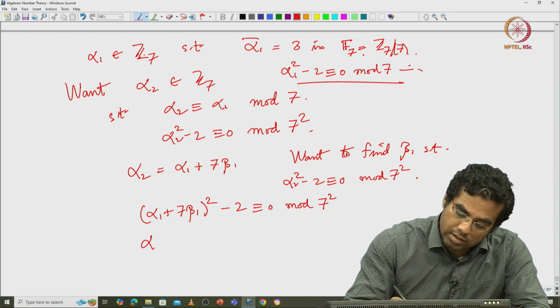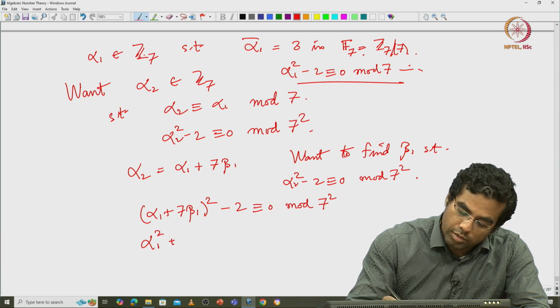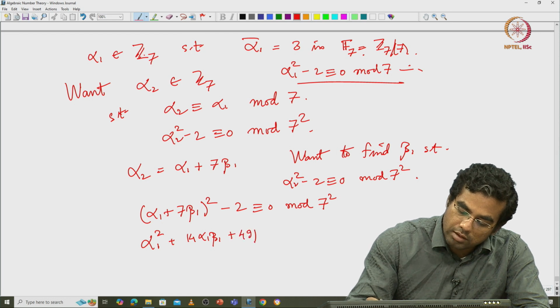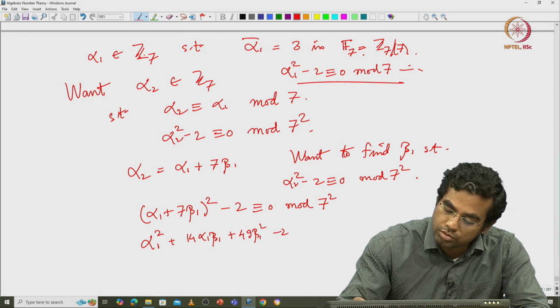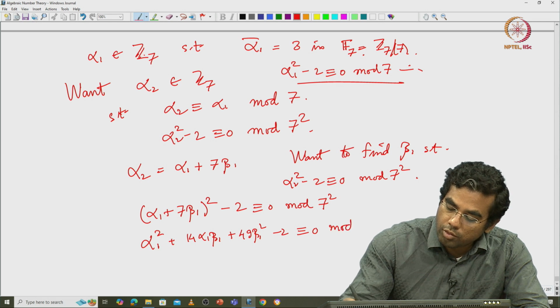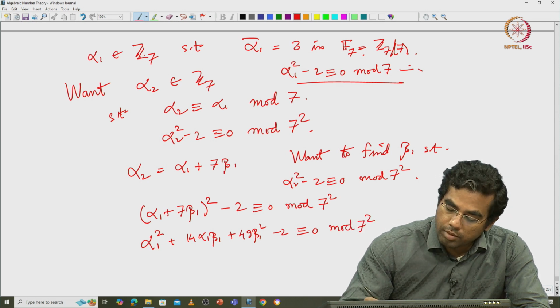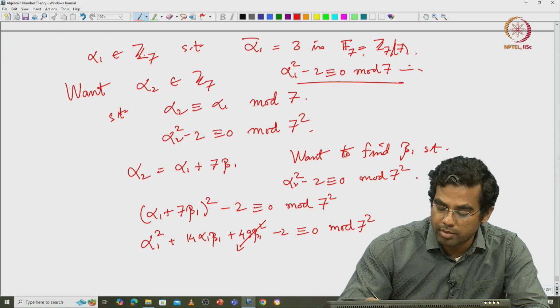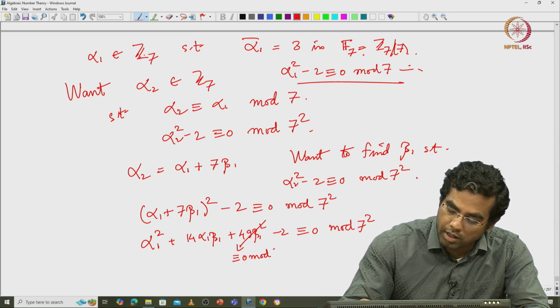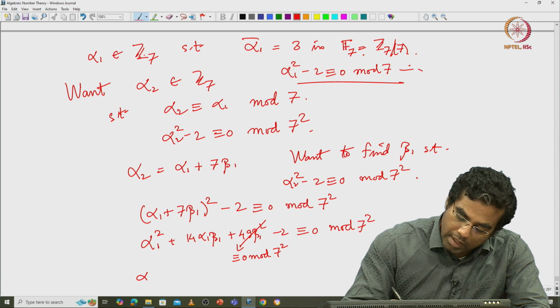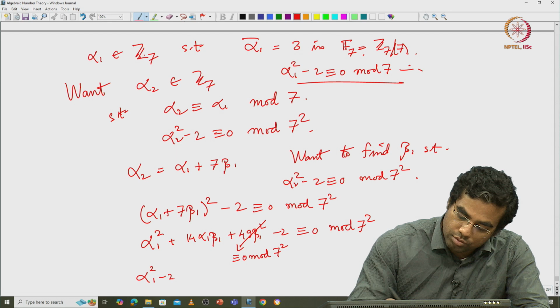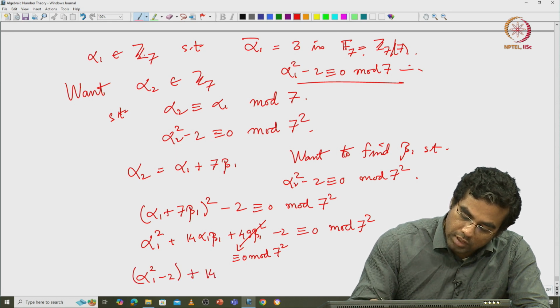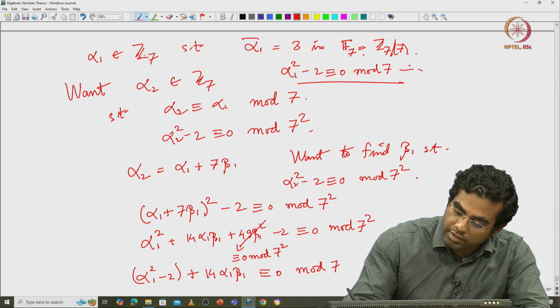Now, I just expand this: alpha 1 squared plus 14 alpha 1 beta 1 plus 49 beta 1 squared minus 2 is congruent to 0 mod 7 squared. But 49 beta 1 squared is already divisible by 7 squared. So, all I care about is alpha 1 squared minus 2 plus 14 alpha 1 beta 1 is congruent to 0 mod 7 squared.